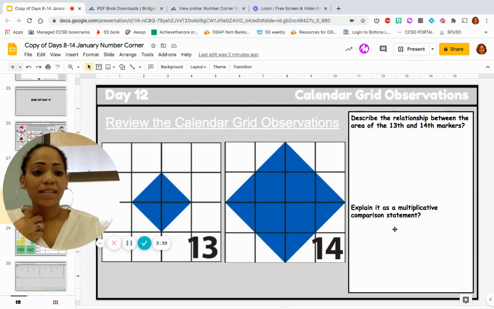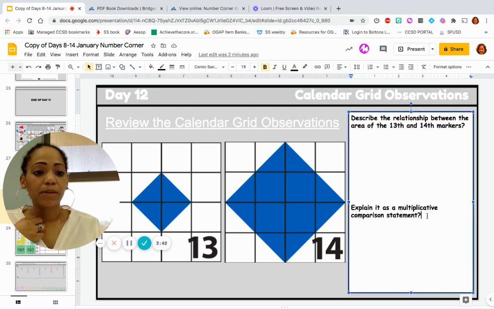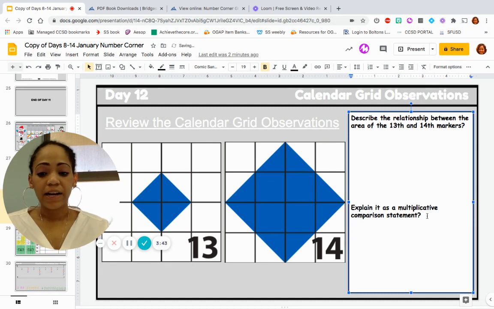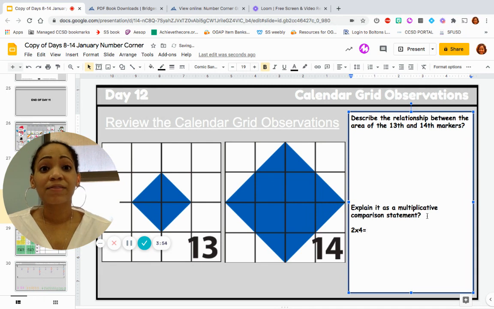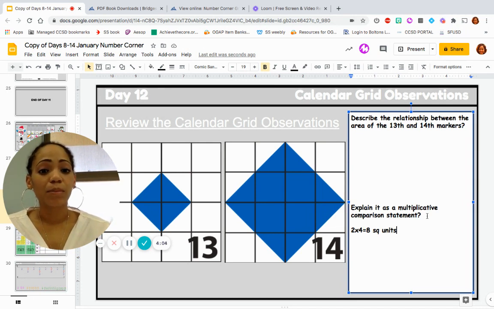So I could say, for my multiplicative comparison, for my area, I had 2, and it got 4 times larger, so that would be 2 times 4. That's my multiplicative comparison statement, which gave me an area of 8 square units. If I'm looking at the side lengths, I could say 1 times 2 because it doubled.